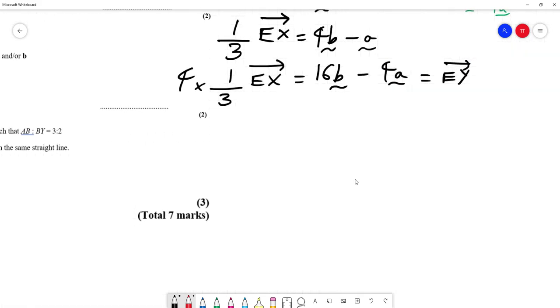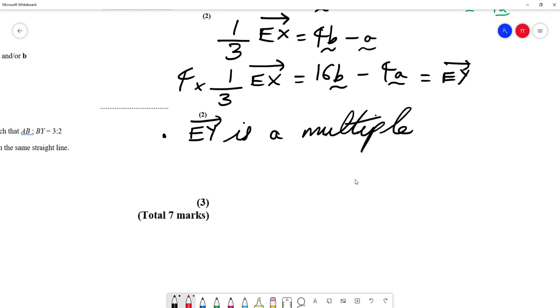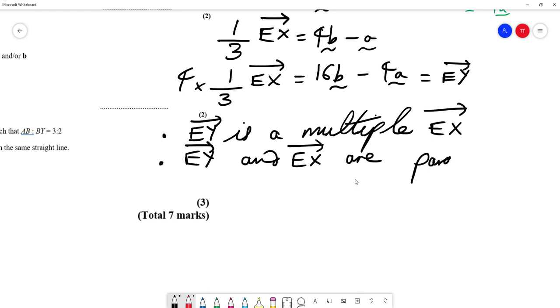First point: EY is a multiple of the vector EX, so EY and EX are parallel vectors. Remember, if two vectors are parallel, one is a multiple of the other.